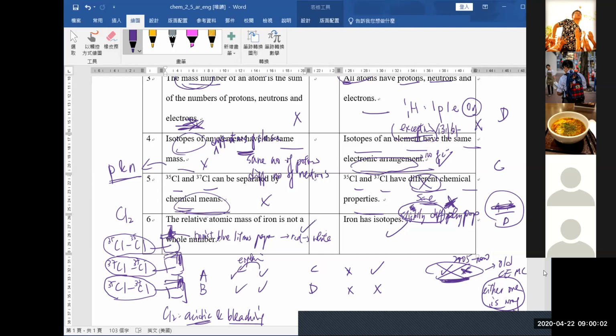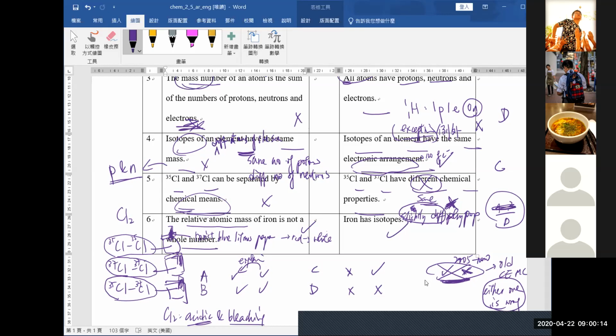Zhu Zhenfei, tell me the reason for statement 1. How to explain statement 1? The relative atomic mass of iron is not a whole number. It's not a whole number, which means we have got some number with decimal places, right? So what is the reason? Yes, I know that you may check the periodic table.